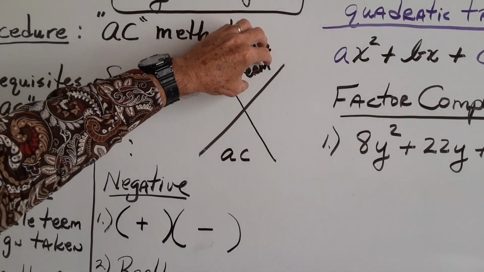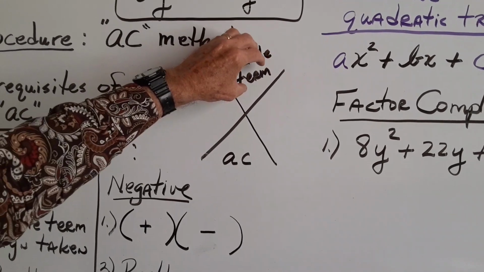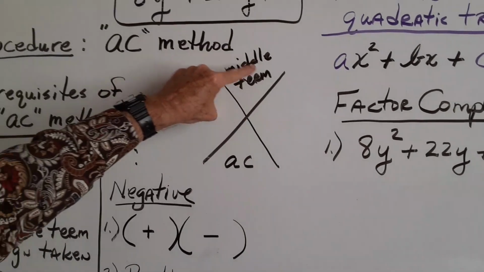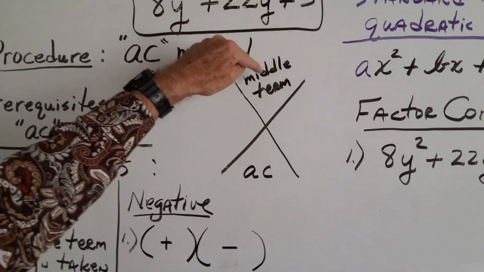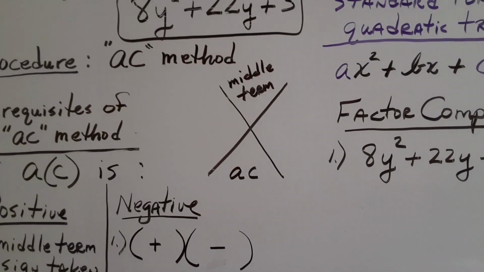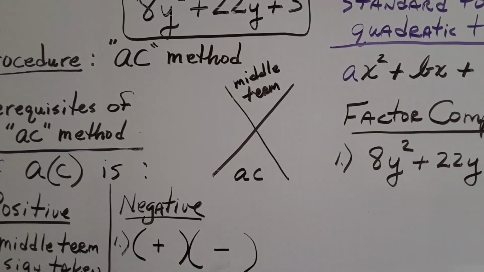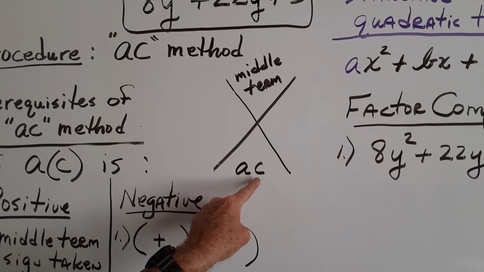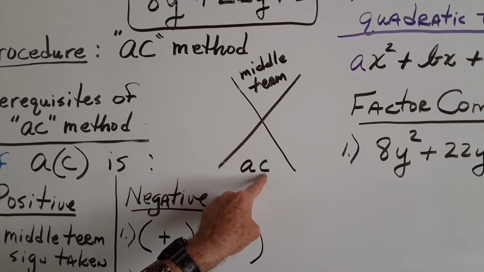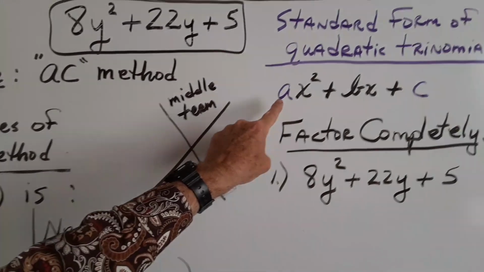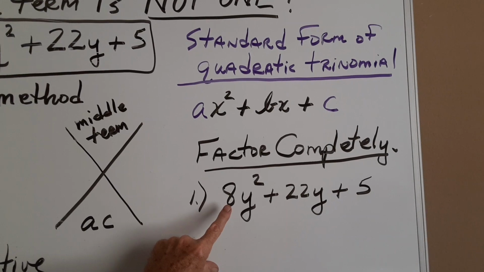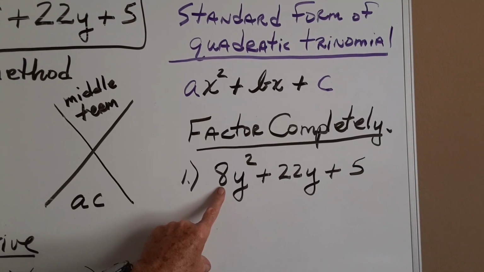Now, the 12 o'clock region is reserved for the middle term. So in a moment, right inside here, we're going to put a positive 22y. The 6 o'clock region is reserved for the answer that we get when we multiply A times C. Now remember that A is the coefficient of the quadratic term, so your A would be 8.